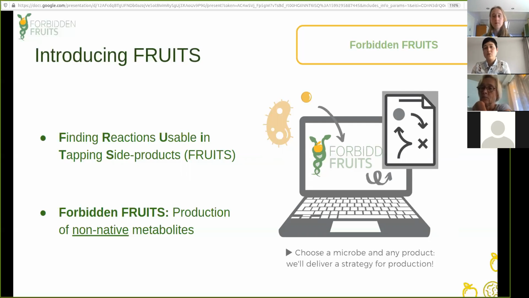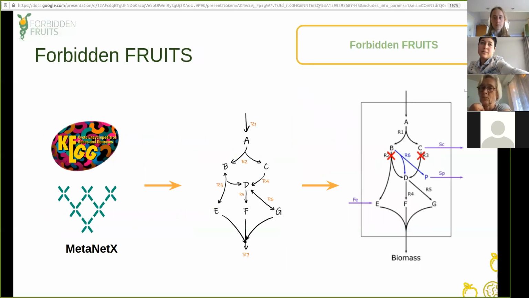And since we want to introduce new reactions and thus new compounds, we are developing what we call Forbidden Fruits, where we say that this is forbidden, referring to the idea that the compounds we will produce are not naturally made by the cells, but they are non-native metabolites.